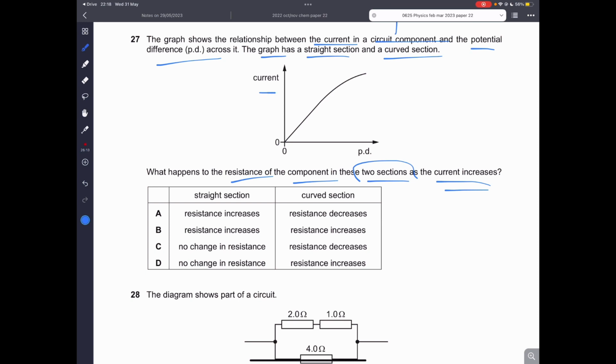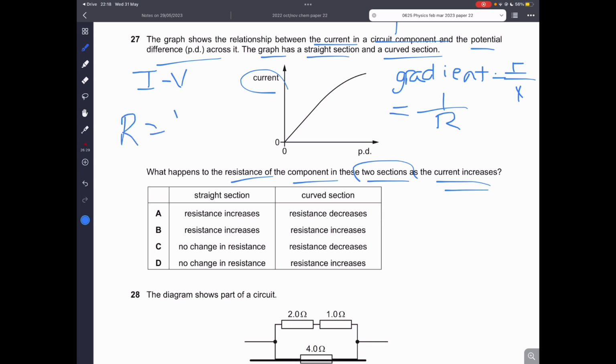Well, remember, this is a current-voltage graph, and so the gradient that is showing is basically I over V, and this is equal to 1 over R. So remember, resistance is equal to voltage over current, but the gradient here is showing 1 over R. 1 over R is equal to I over V.